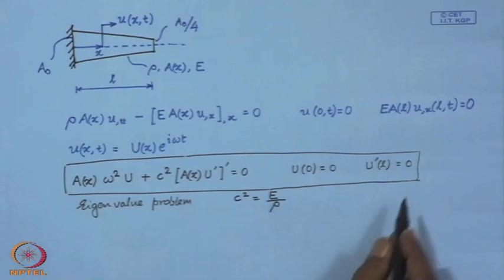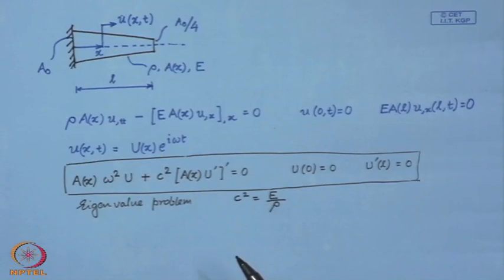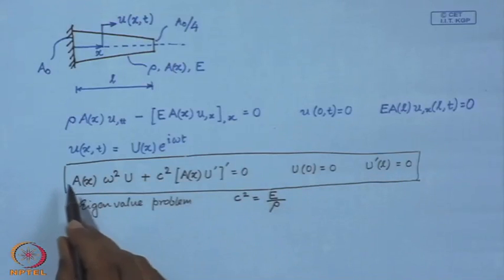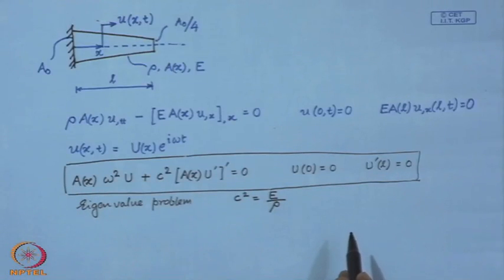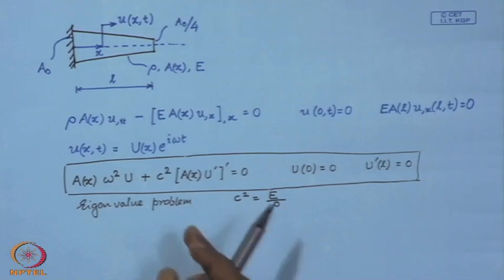Now, for a general variation of the area of cross section, this may not be solvable analytically. So, what we are going to attempt here today is to try to find a class of systems or class of variation of cross sectional area for which this problem might be solvable analytically.